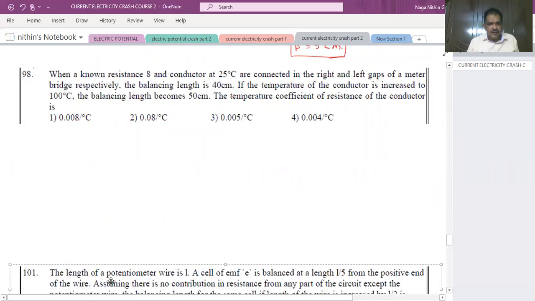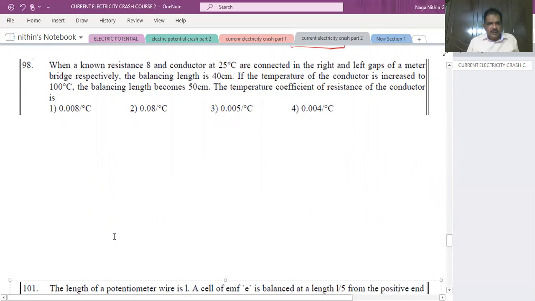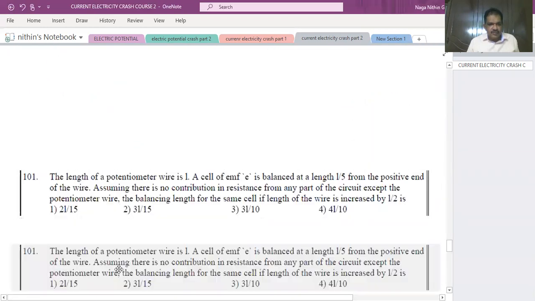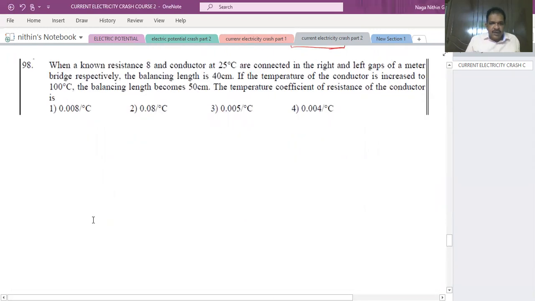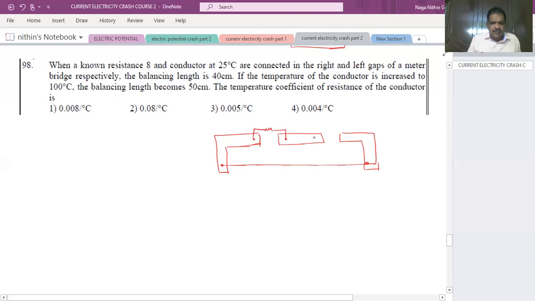What they are asking, see 98. Same. Meter bridge is there. Then this is right left gap.